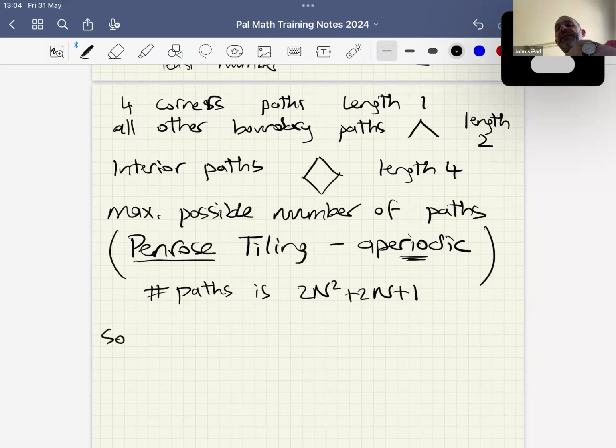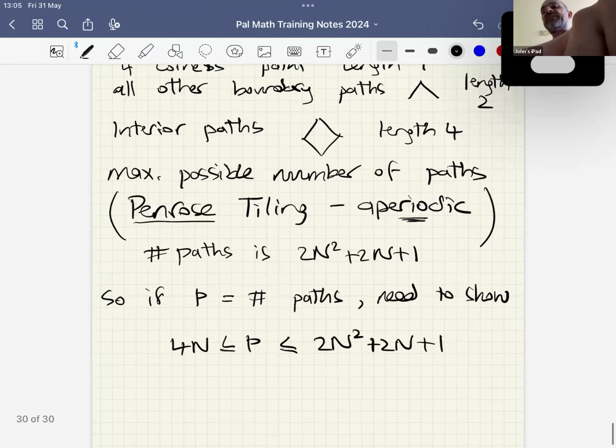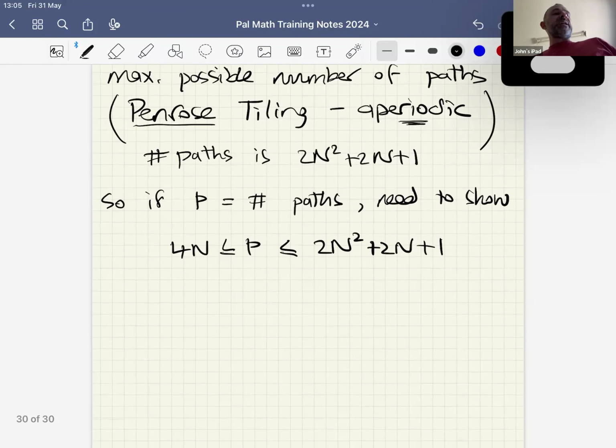So if p is the number of paths, what you need to show is that p is somewhere between 4n, which is the smallest number, and the largest number, which is 2n squared plus 2n plus 1. Now, I think a few of you guessed these two limits, but it's hard to give a completely rigorous answer. So I'll just sketch the answer.